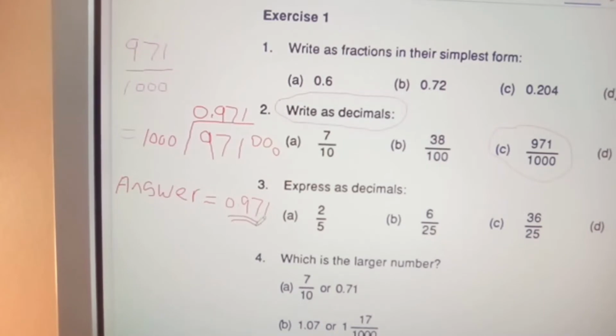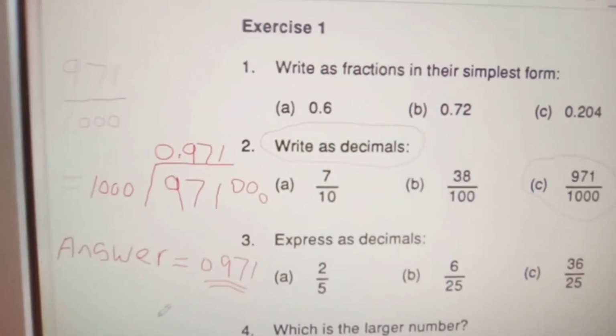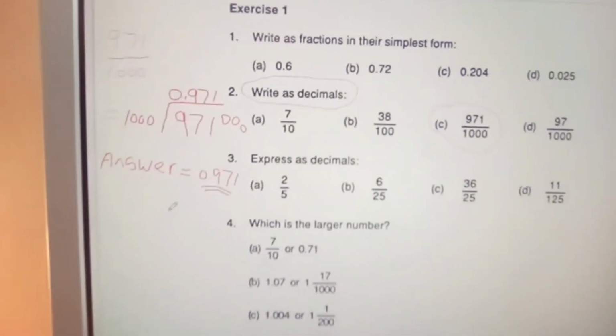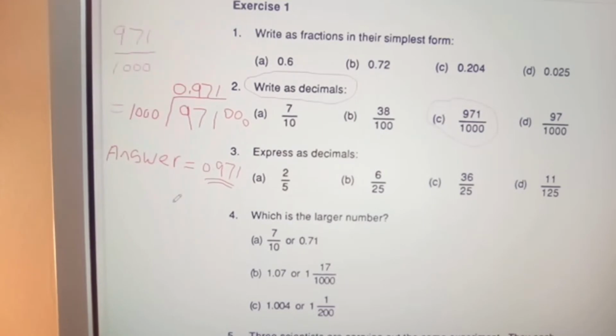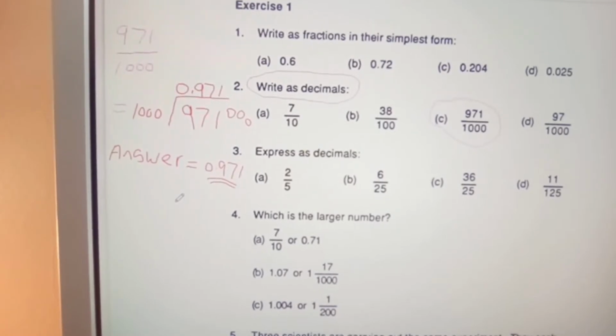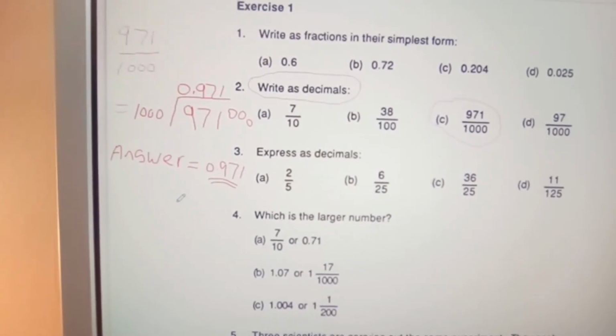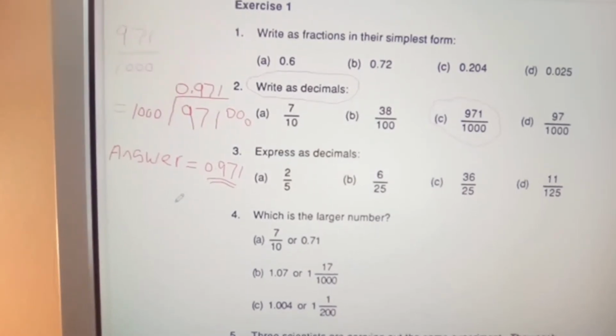And you'll find that when you punch this into your calculator, 971 divided by 1,000 equals 0.971.